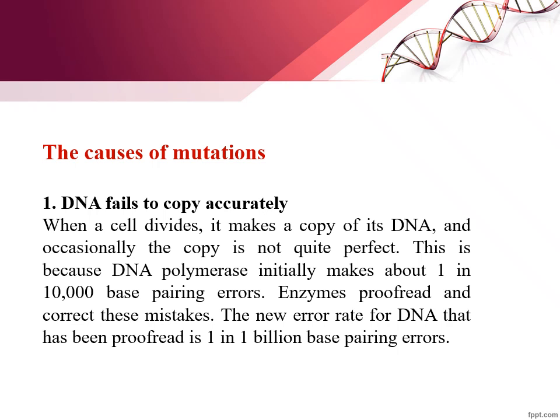The causes of mutation. DNA fails to copy accurately. When a cell divides, it makes a copy of its DNA, and occasionally the copy is not quite perfect. This is because DNA polymerase initially makes errors at about 1 in 10,000 base pairs.